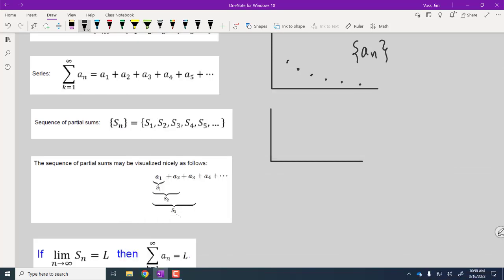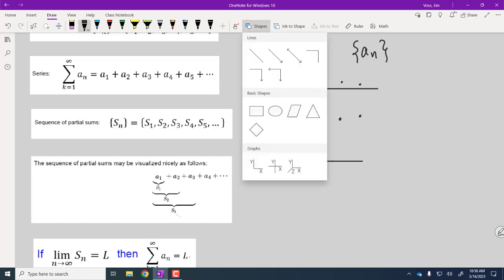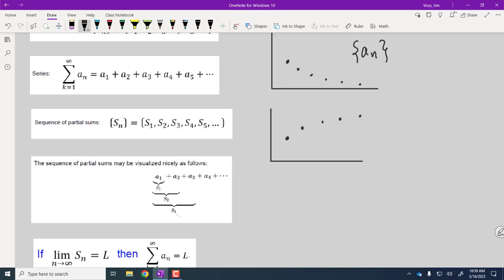So if our series is converging, this point up here has got to match, but then you're adding subsequent values, and if it does converge, this one you can't make dashed lines for some silly reason. So this is what you should be visualizing for your S sub n's for a convergent series, and L will be the limit of that sequence.